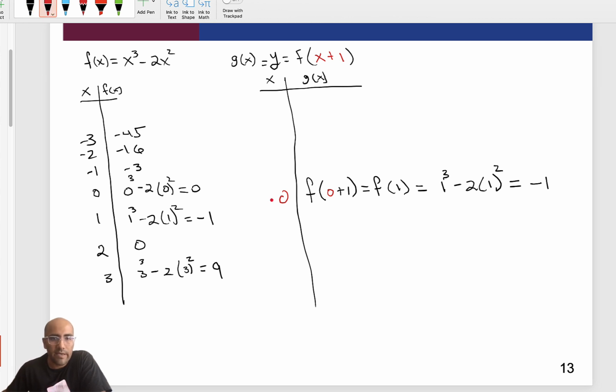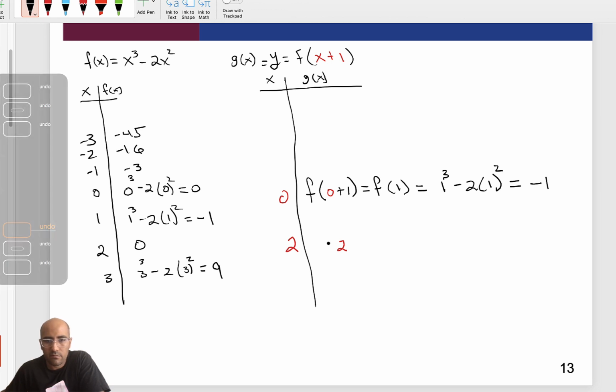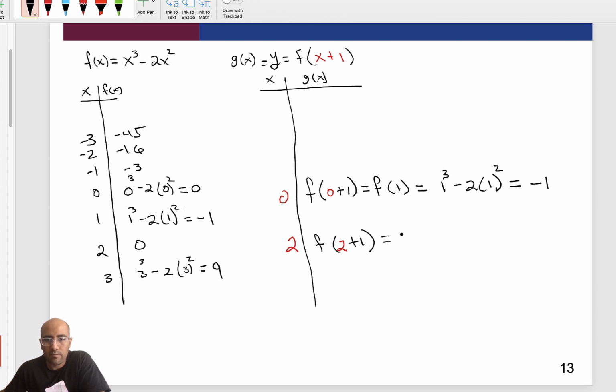When we type in, say, 2, then this is going to be the same thing as f of 2 plus 1, which is the same thing as f of 3, and this is going to be equal to 3 cubed minus 2 times 3 squared, which gives us 27 minus 18, which gives us 9.